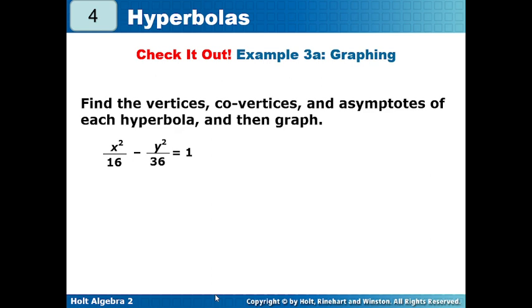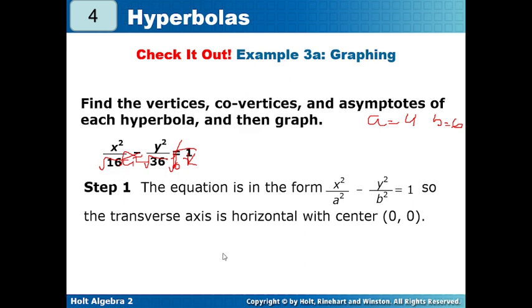Alright, so step 1, we have the value of a squared and b squared, correct? So a squared is 16, so therefore your a is 4 and your b is 6, getting the square root of both sides. Coming from your equation, you could see that your a squared is with the x.